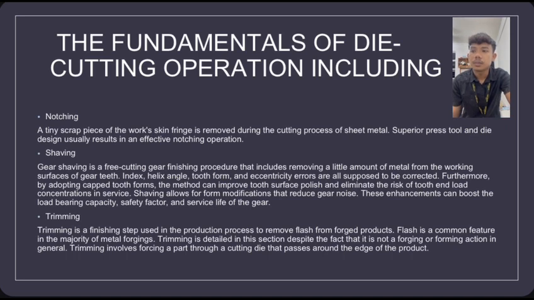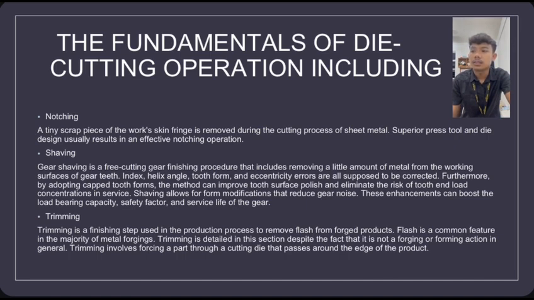Furthermore, by adopting crowned tooth forms, the method can improve tooth surface polish and eliminate the risk of tooth load concentration in service. Shaving allows for form modification that reduces gear noise. These enhancements can boost the load bearing capacity, safety factor, and service life of the gear.